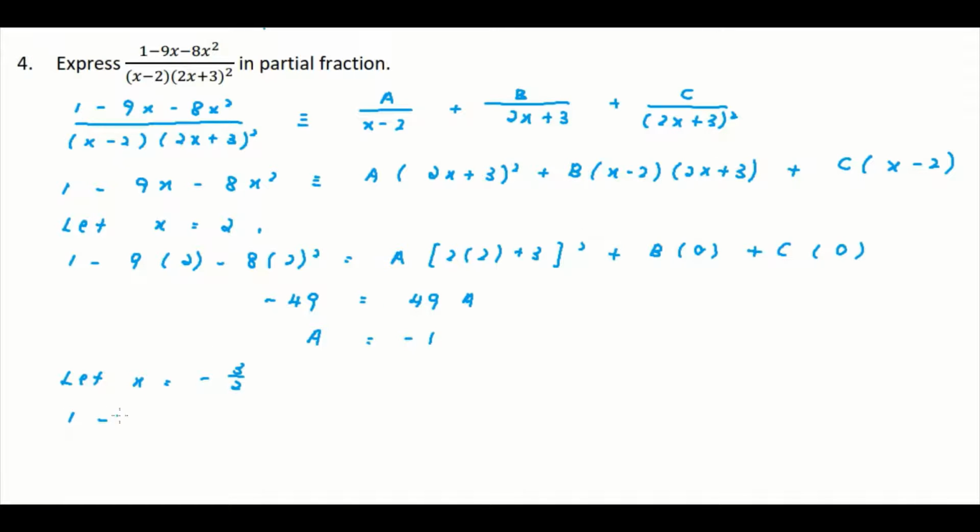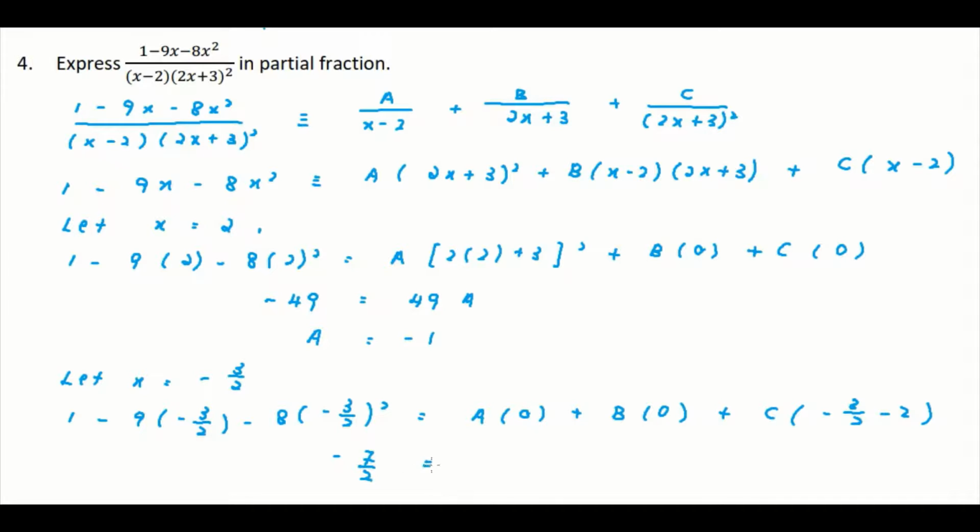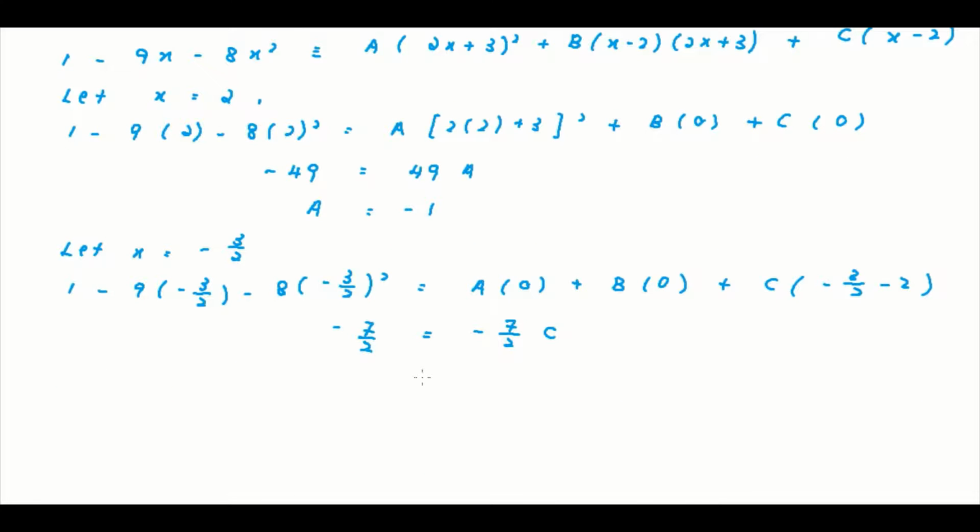So 1 minus 9 times negative 3 over 2 minus 8 times (negative 3 over 2) squared equals, A will get 0, B will get 0 as well, and then your C will have negative 3 over 2 minus 2. Then you can continue. Negative 7 over 2 equals negative 7 over 2 C. Okay, so you'll be able to get C equals 1.